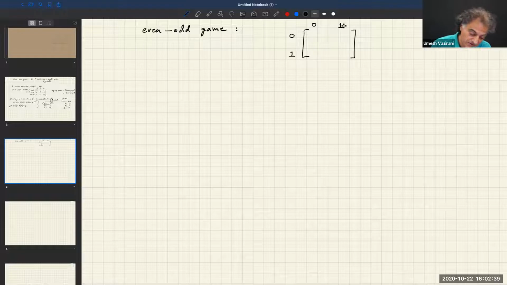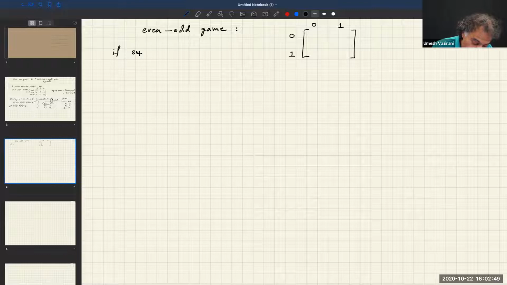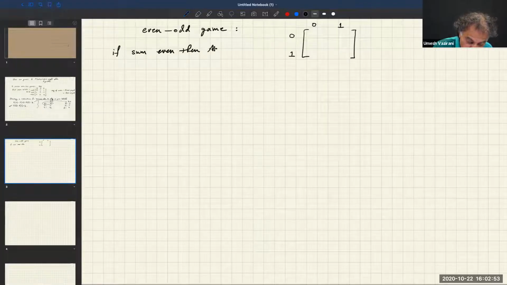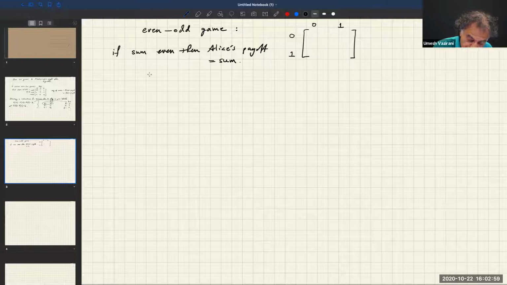Okay, so Alice and Bob both pick a number, and if the sum is even, then Alice's payoff is equal to the sum.